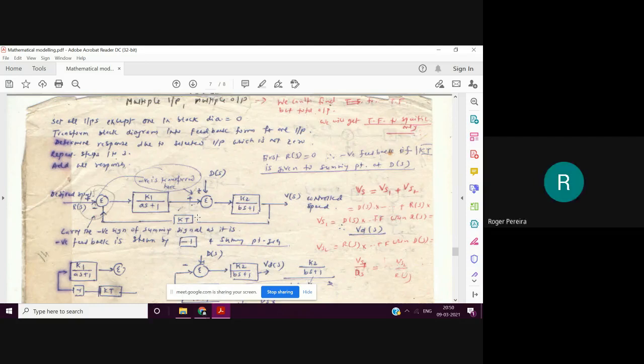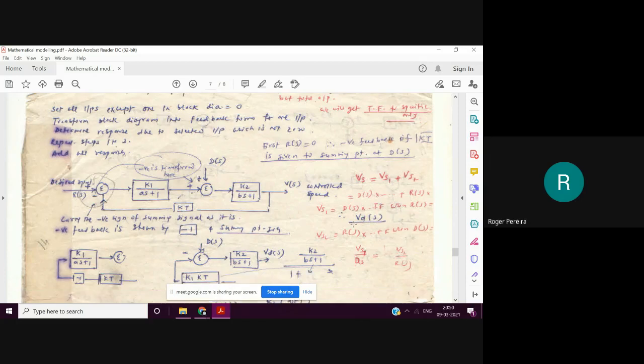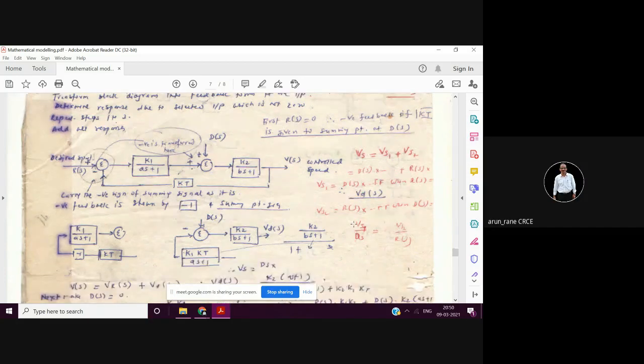Now let us consider how to go. Our output, if we call it Vs, will be Vs equal to Vs1 plus Vs2. Vs1 is the output when one input is zero and Vs2 is when the other input is zero.